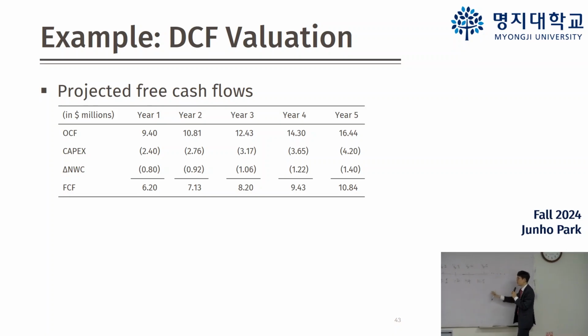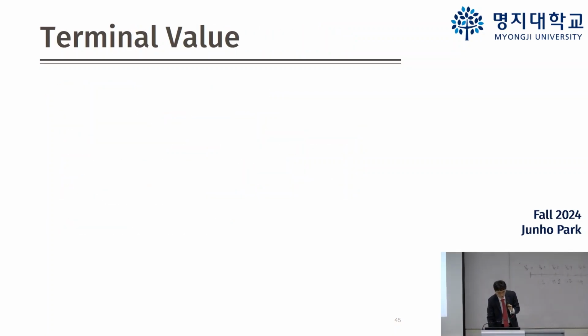But we don't know about the far future. We don't know what will happen from years 6 to the upcoming years, and therefore we used this approximation, the terminal value.